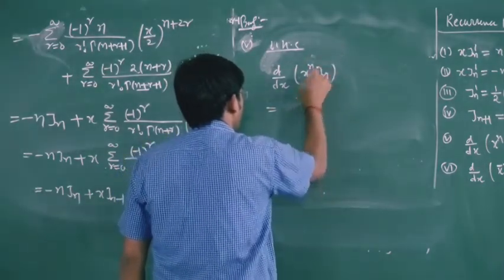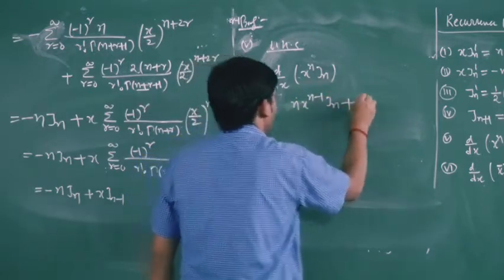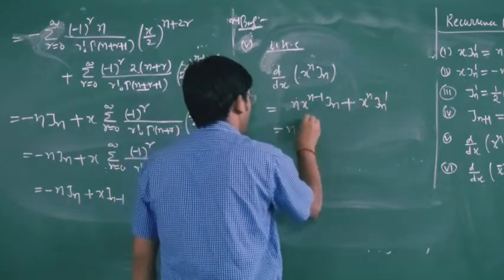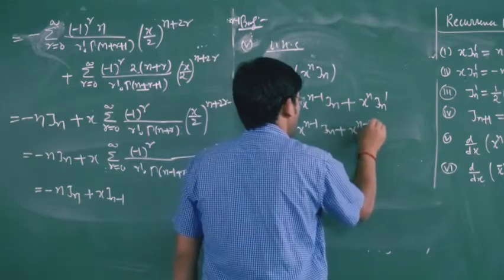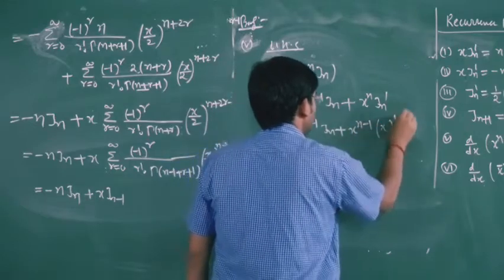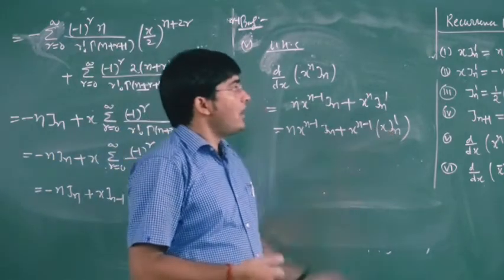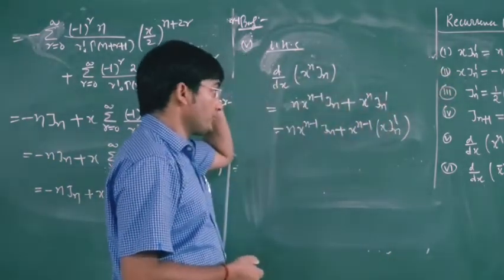so differentiation of x power n gives n into x power n minus 1 into Jn. Then we will have x power n into Jn dash. Now this can be written as n x power n minus 1 into Jn plus x power n minus 1 into x Jn dash. Now we can substitute the value of x Jn dash either from equation number 1 or 2 depending on your proof.